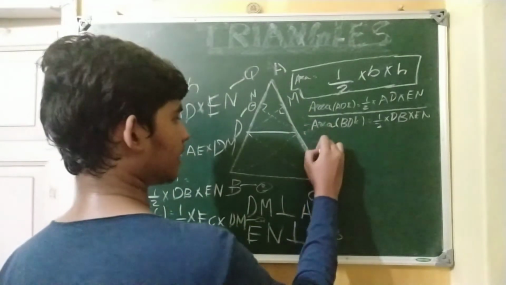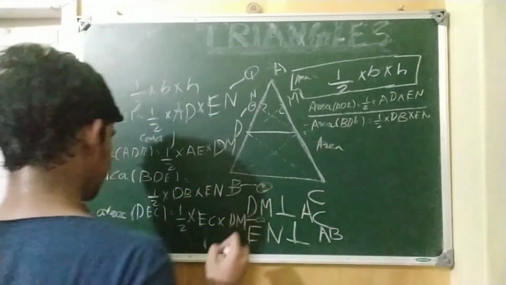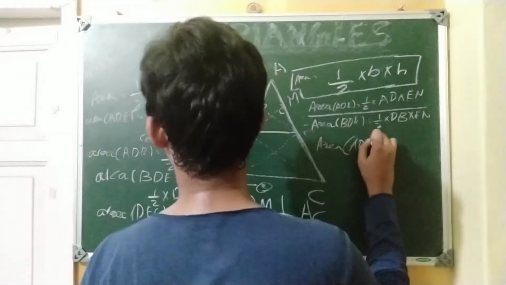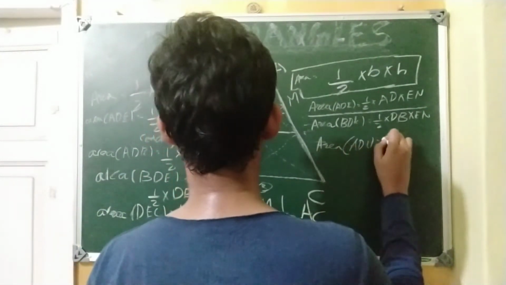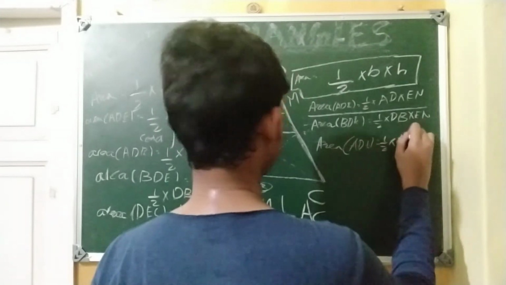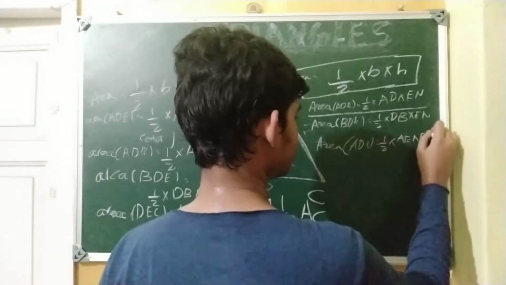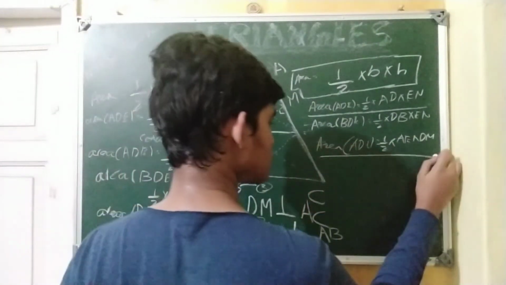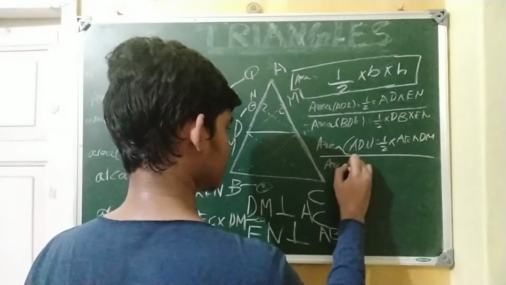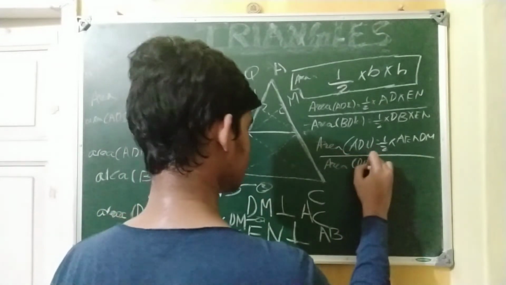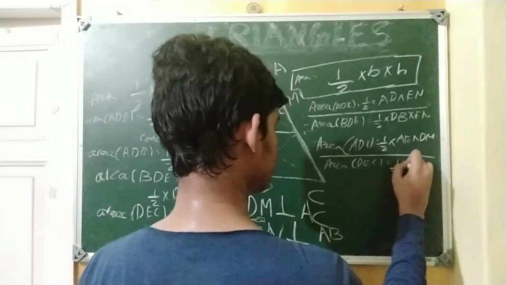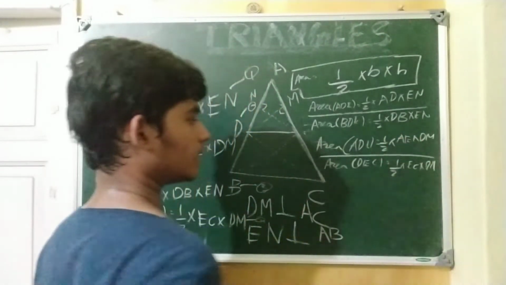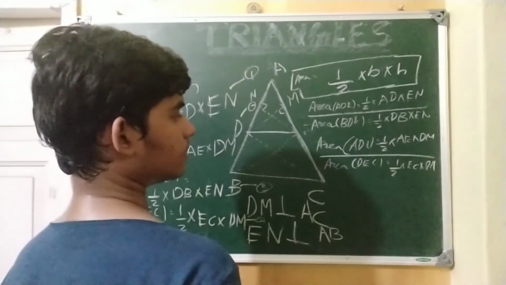And the other one, area of ADE is equal to half into AE into DM, and area of DEC is equal to half into EC into DM. Now let's cancel them out.